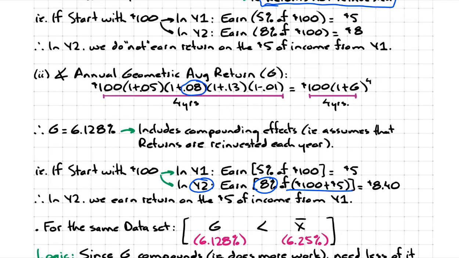So you could see that algebraically. When we have this term here, you're making 8% on the 105 from the first year. So in effect, you're getting 8%, not just on the original principal, but on whatever returns you earned in year 1.